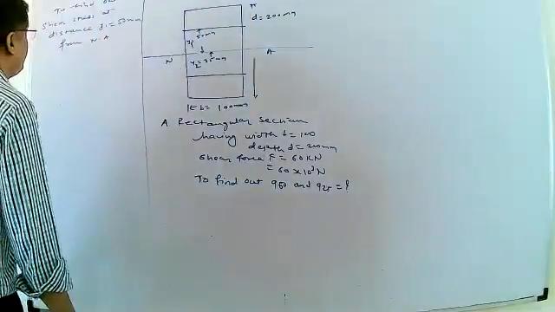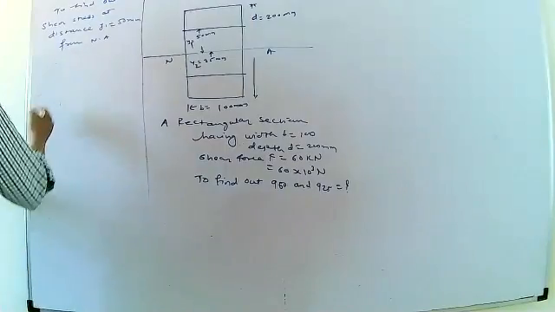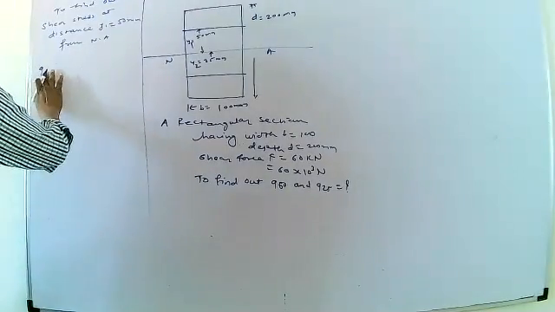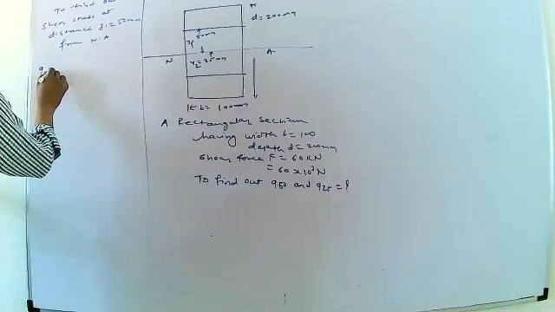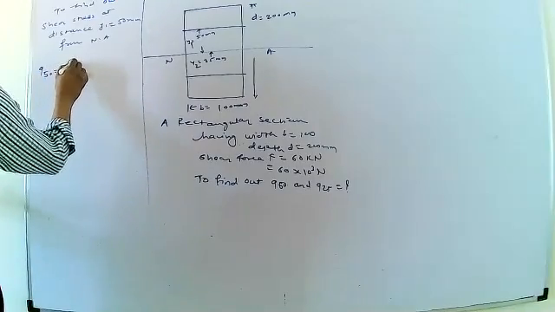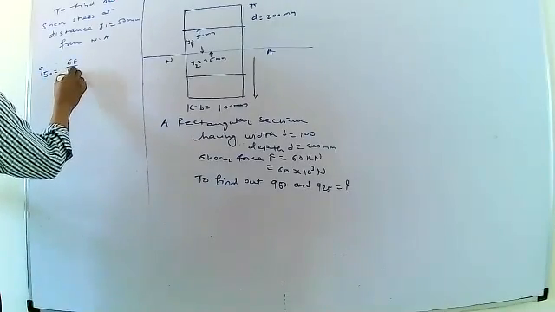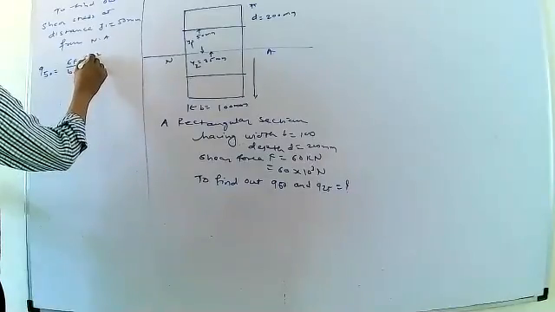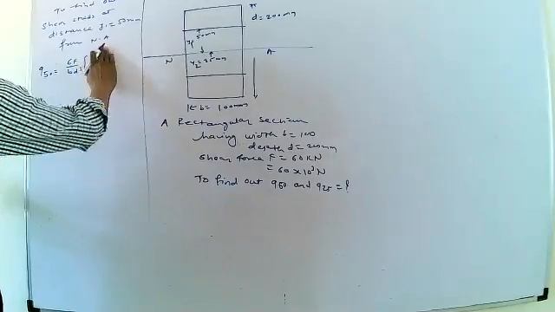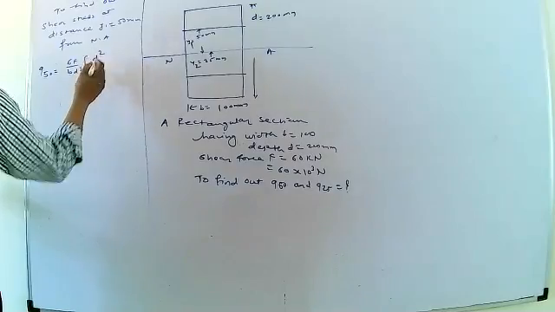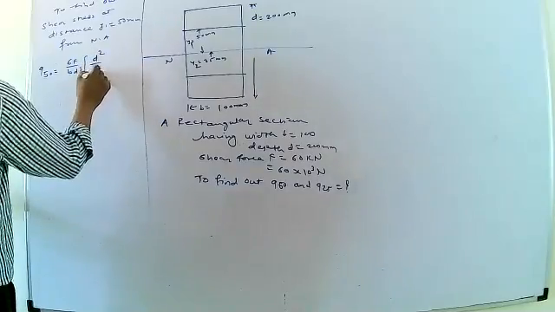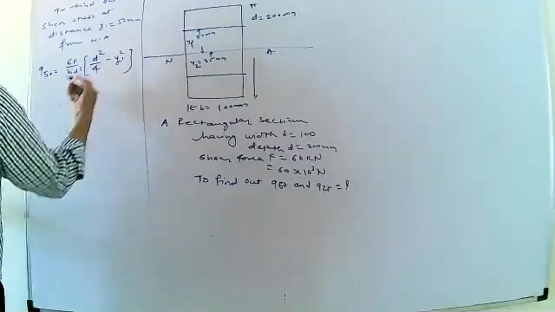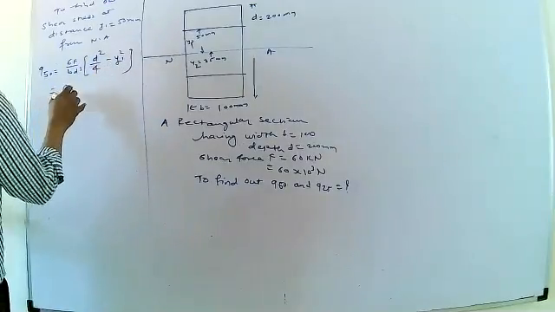In this problem the formula will be the same. q50 is equal to 6F upon b d cube into, in bracket, d square upon 4 minus y square, y whole square.